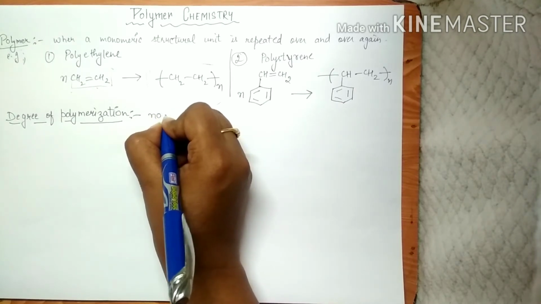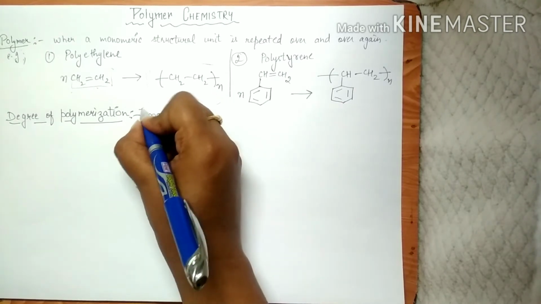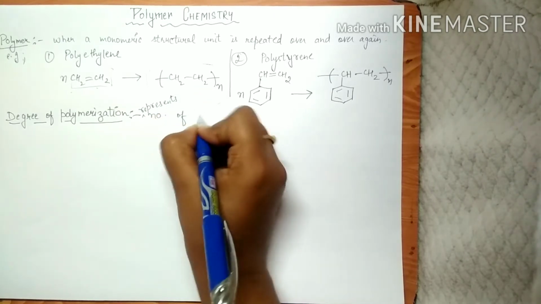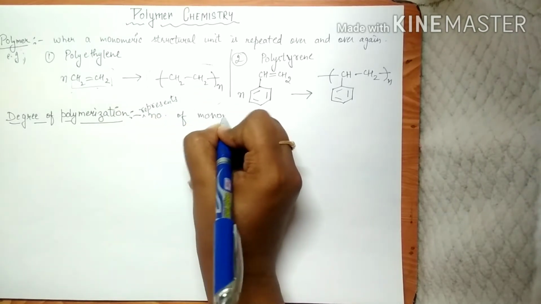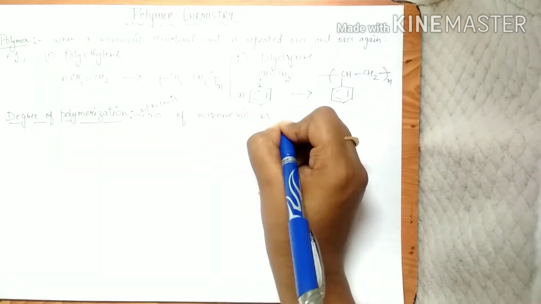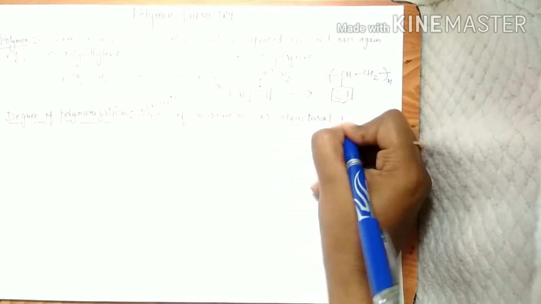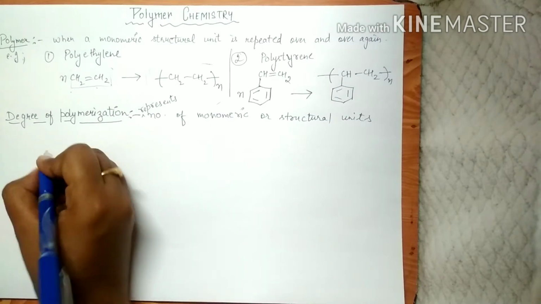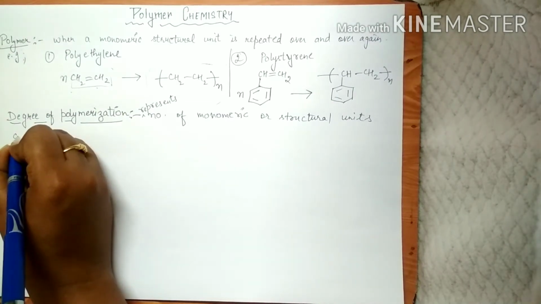So you can write that it represents number of monomeric or structural units contained in a polymer.